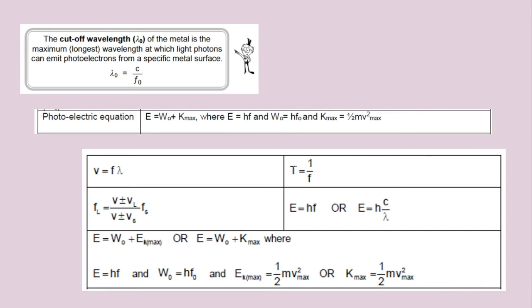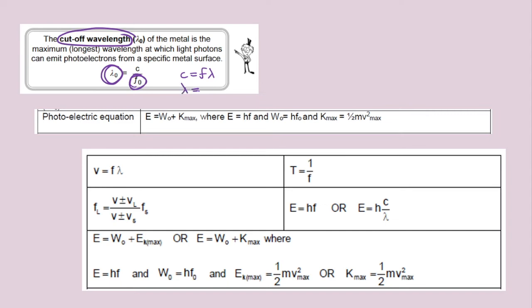Of course, you know that frequency is related to wavelength. So sometimes instead of talking about frequency, we may speak about the cutoff wavelength. The cutoff wavelength is related to this threshold frequency, which we can also call the cutoff frequency, by the formula c equals f times lambda.